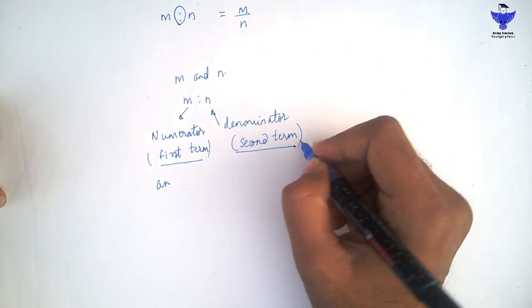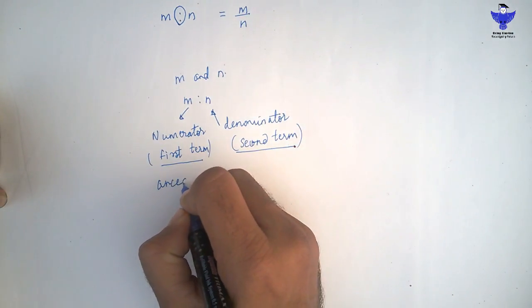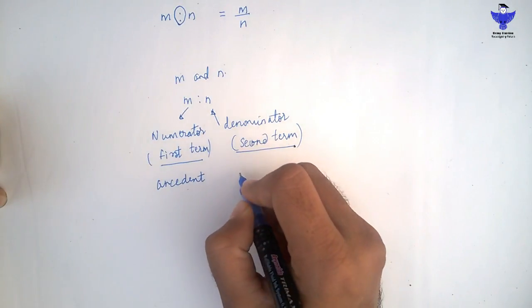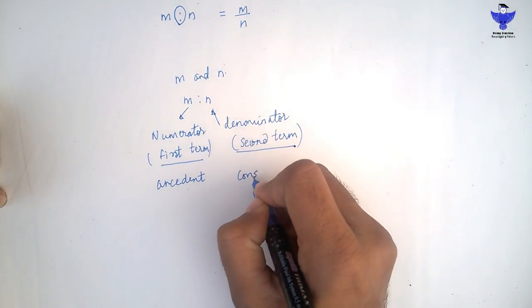The first term is called the antecedent and the second term is called the consequent.